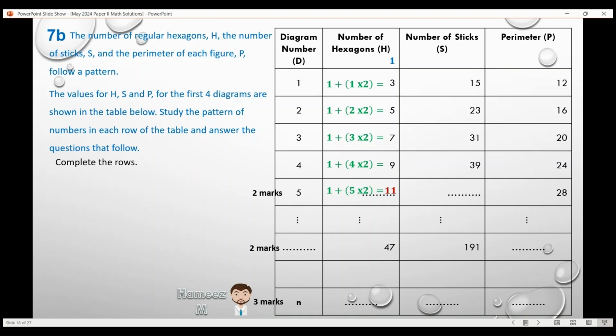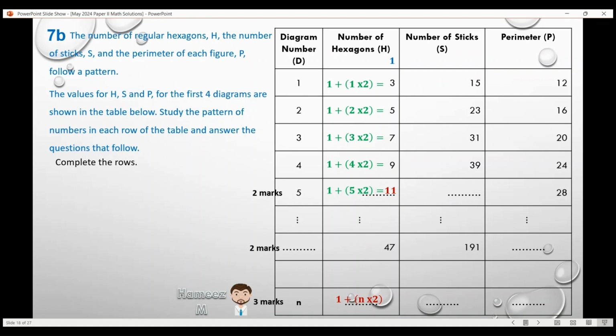Remember, we're solving wherever the dotted lines are that's missing. So we have 2 in this row, 2 in the next row, and 3 in the last row. And if we know that, can we get a general formula for this number of hexagons? It'll be 1 plus n times 2. N means the number which is coming from the first column. So now that we have that general formula, 1 plus n times 2, what can we solve for now?